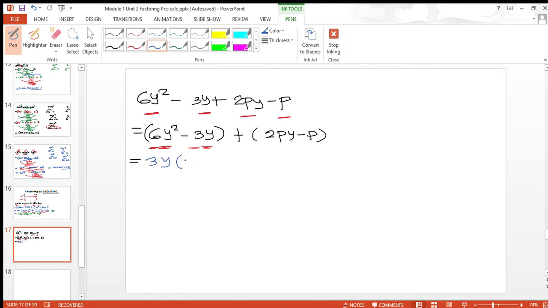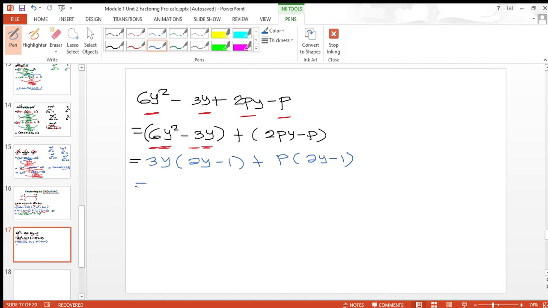And factoring out 3y, 6y squared divided by 3y will be 2y. And then minus 3y divided by 3y will be 1. And then for the last group, for the second group, we can factor out p. And factoring out p, that should leave us 2y minus 1.